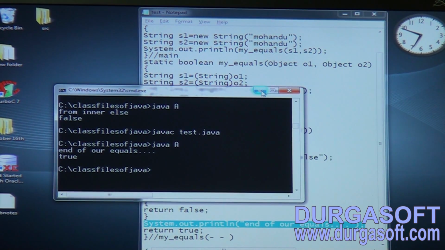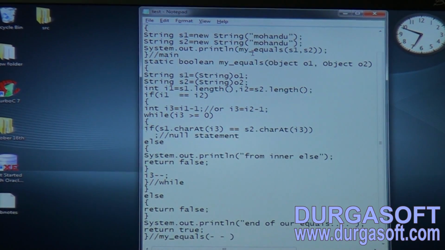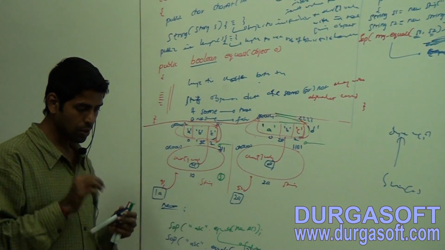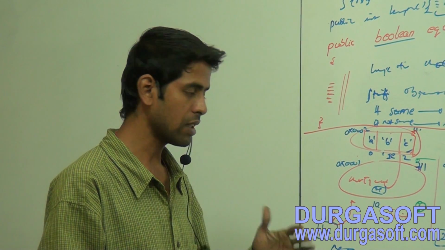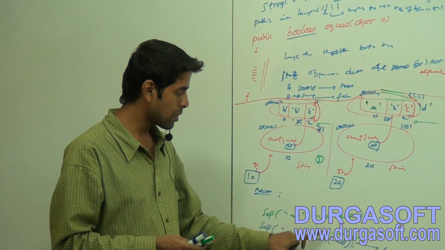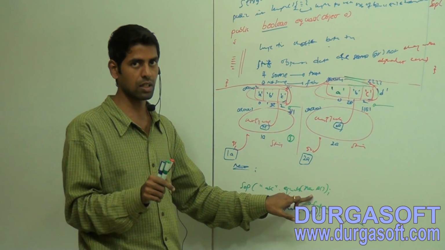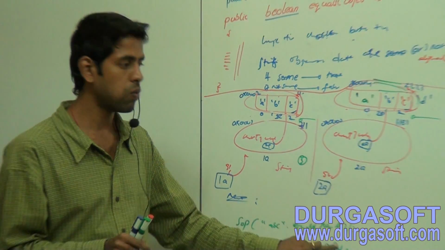Now observe this part. As I said earlier, long back ago in this session itself, if I use the String class equals method and if I pass a different object, what are we getting here? False.